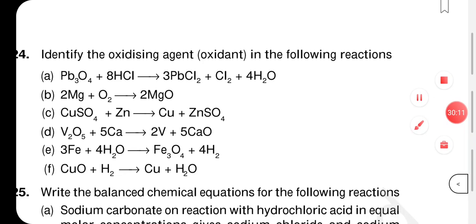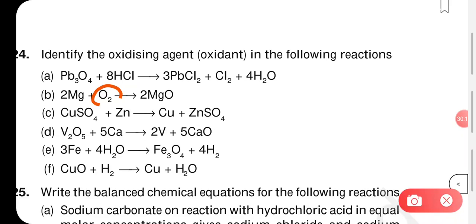In the next question, magnesium is reacting with oxygen. So oxygen is acting as an oxidizing agent because it is adding oxygen to it, and it forms magnesium oxide. In the next question, zinc is getting oxidized.